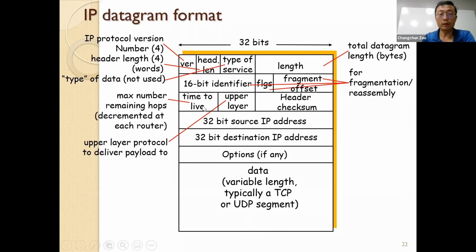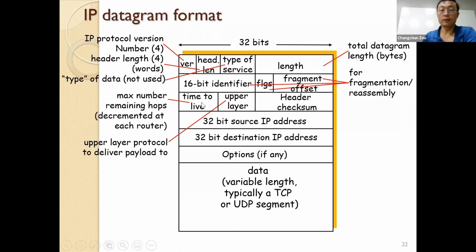This is time to live. It just determines how many routers this packet can go through. Because every time a router receives a packet, the router will reduce this time to live value by 1. So when this value drops to 0, the router will simply drop this packet.